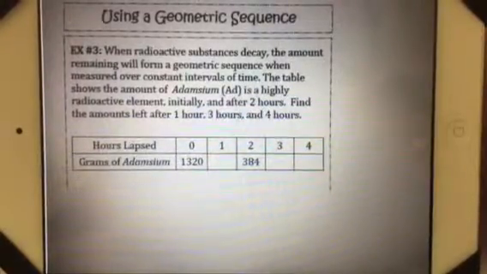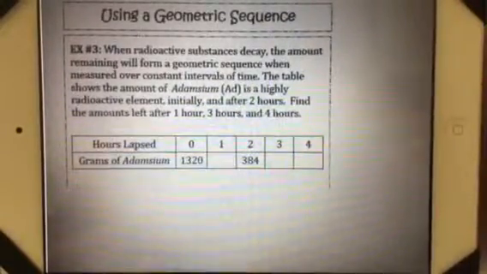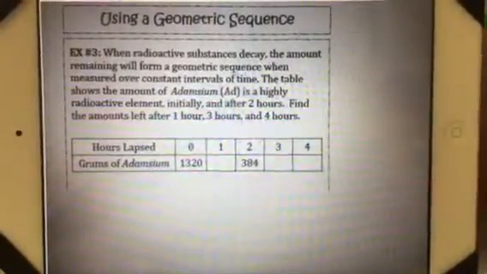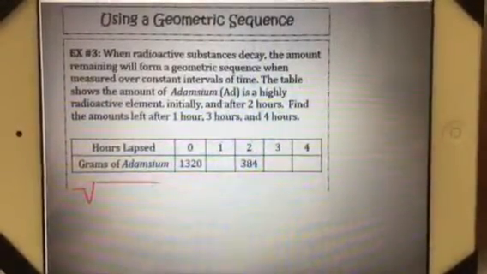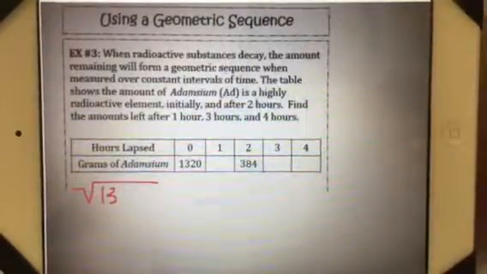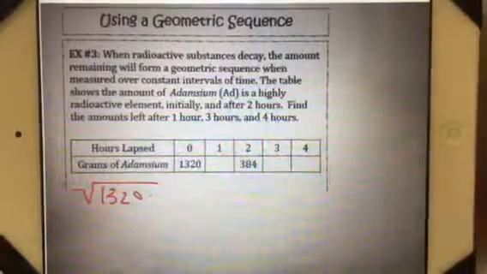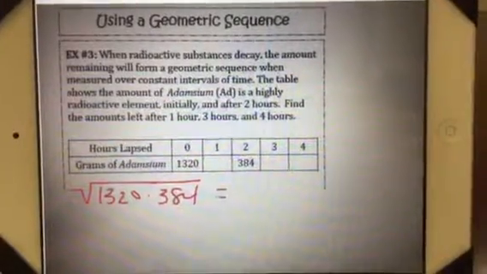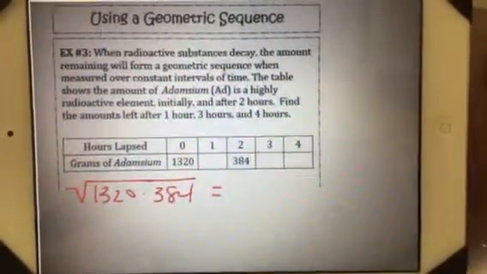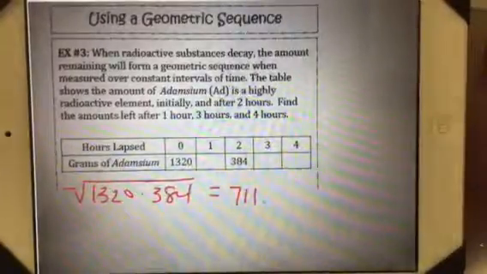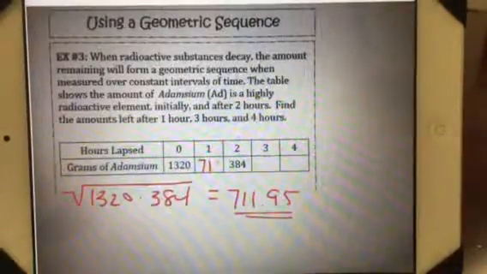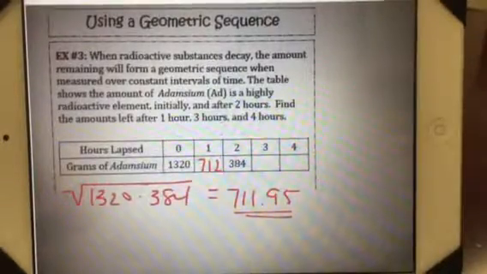Well, in order for us to be able to do this, we first have to use the geometric mean, which is take just the square root of your first term times your second term in this case. And that actually gives us 711.95, which will round off to 712.